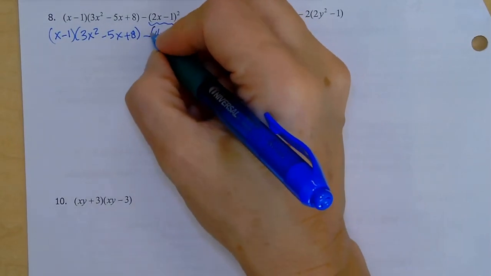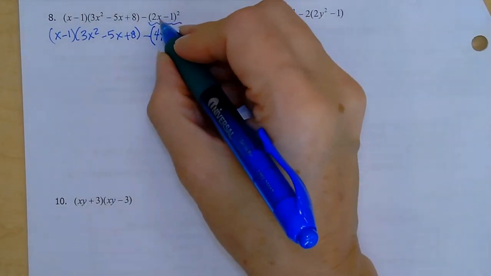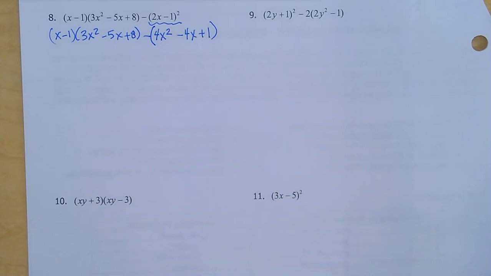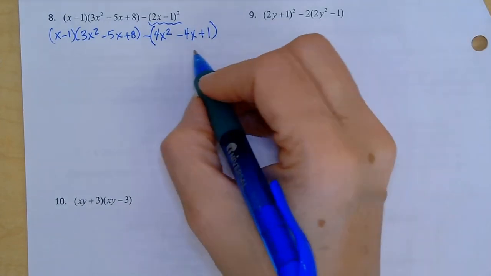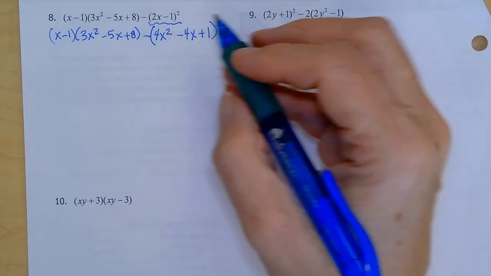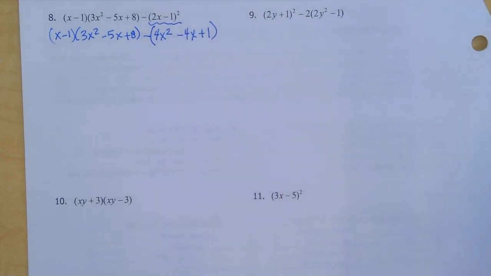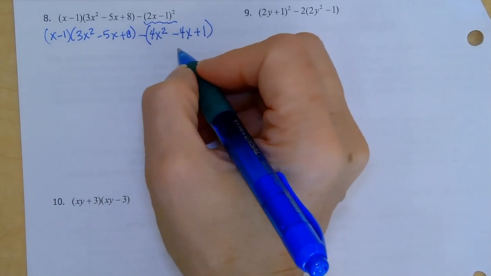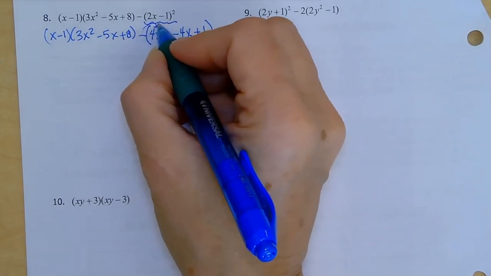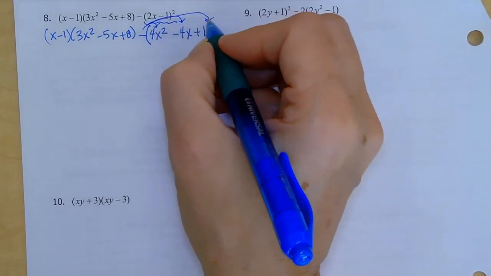I'm going to put this whole bit in parentheses because I'm subtracting all of that. So if I put my parentheses, it's going to help me remember that I'm subtracting everything that was a result of squaring 2x minus 1. Okay, so I will still have to distribute that negative to each term here.